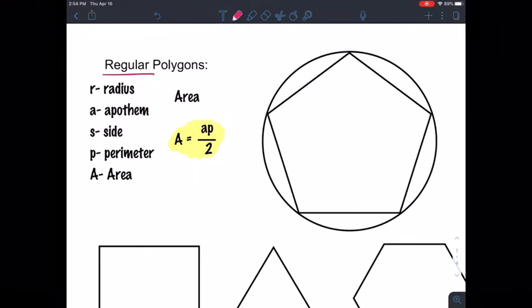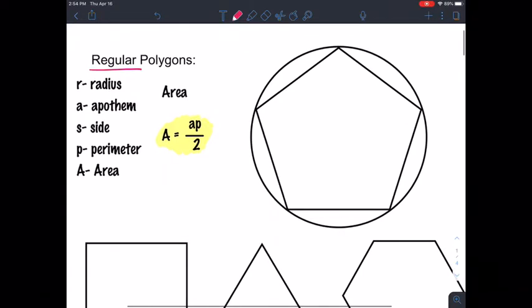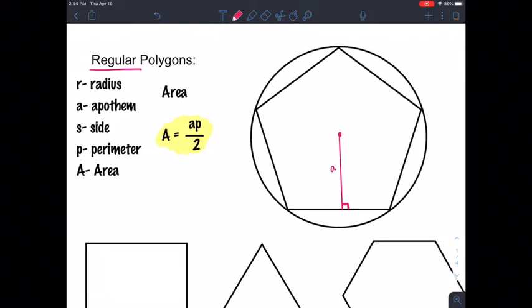Just a quick run through of some vocab. We have radius, apothem, side, perimeter, area, and then we have our area formula. So when we look at our regular polygon, if I start from the middle and work straight down to the side, where that side is perpendicular to the center, this is what we call our apothem, and I label it with a little a.